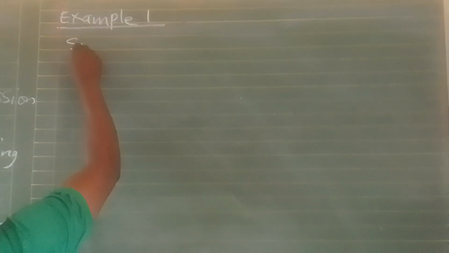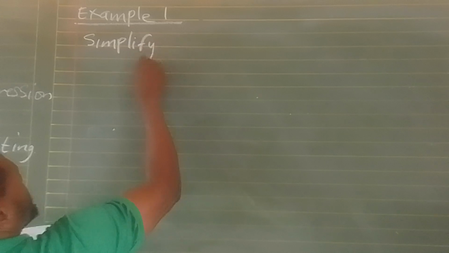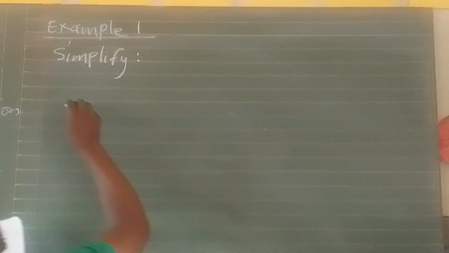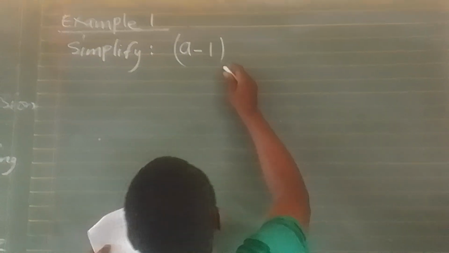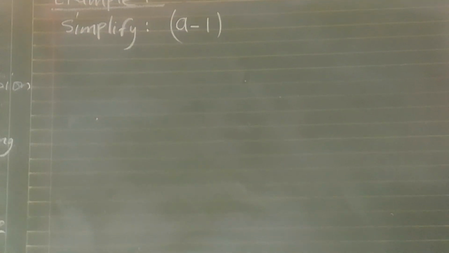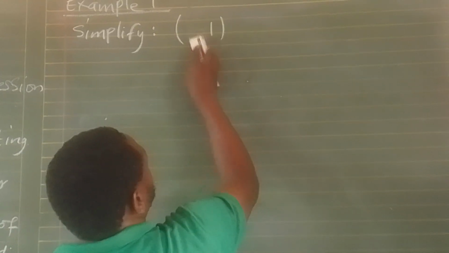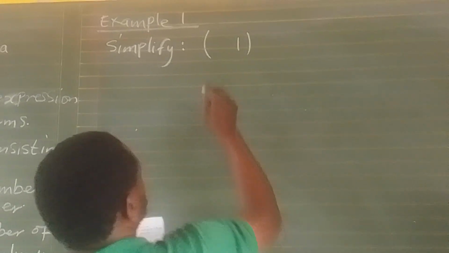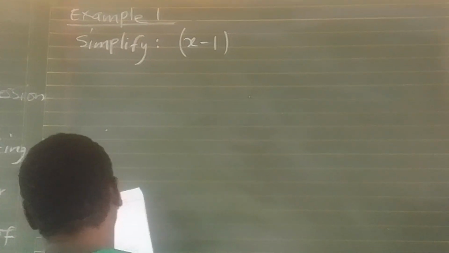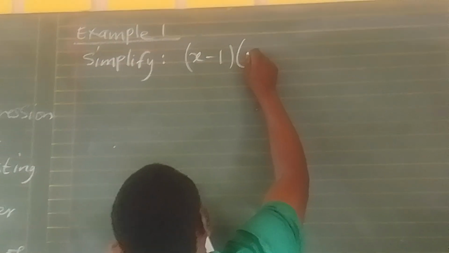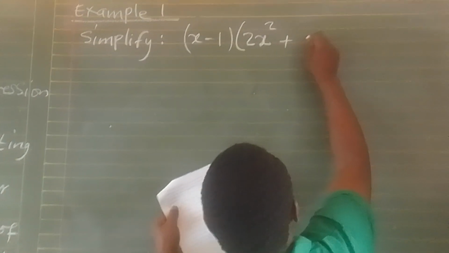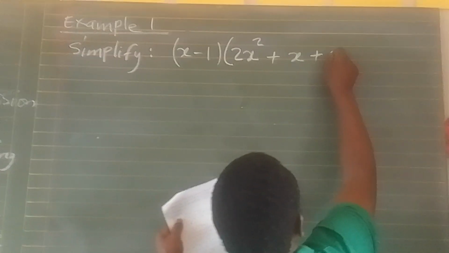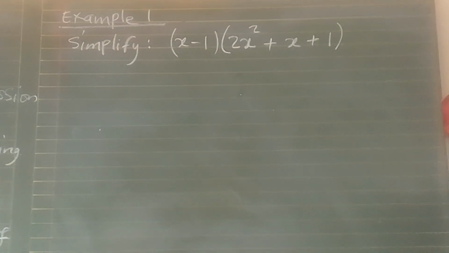They will say to you, simplify (x - 1)(2x squared + x + 1). I prefer to use the variable x.